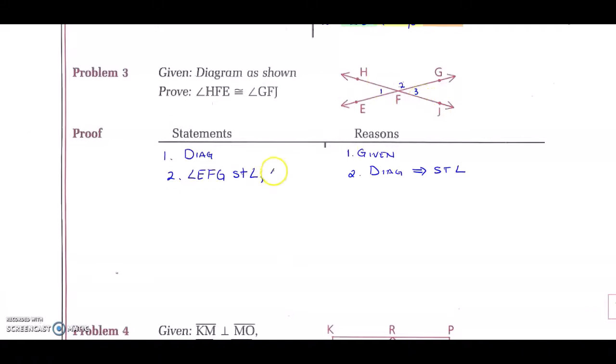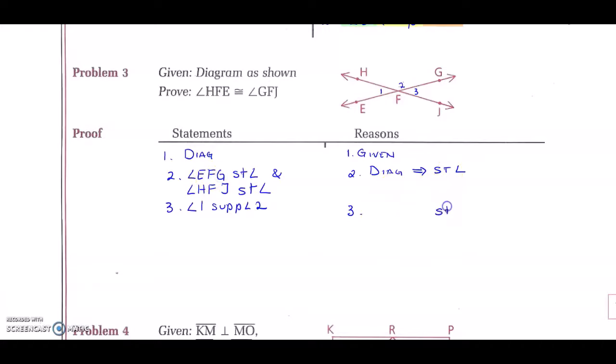And then angle HFJ. Actually, I'm going to move that underneath. So then in number 3, I can say angle 1 is supplementary to angle 2 because they make EFG.